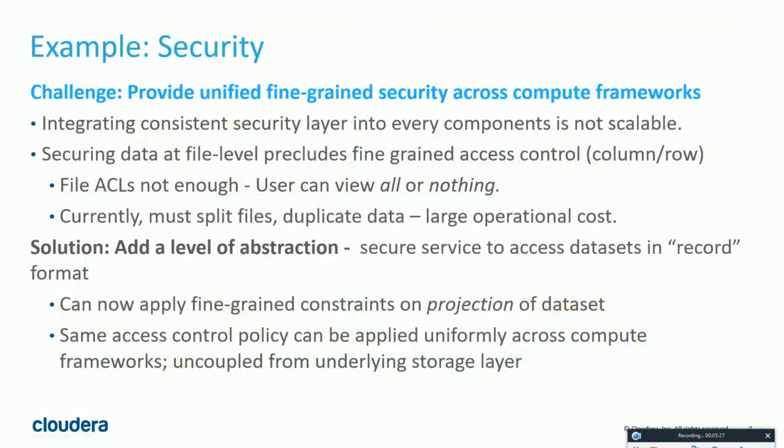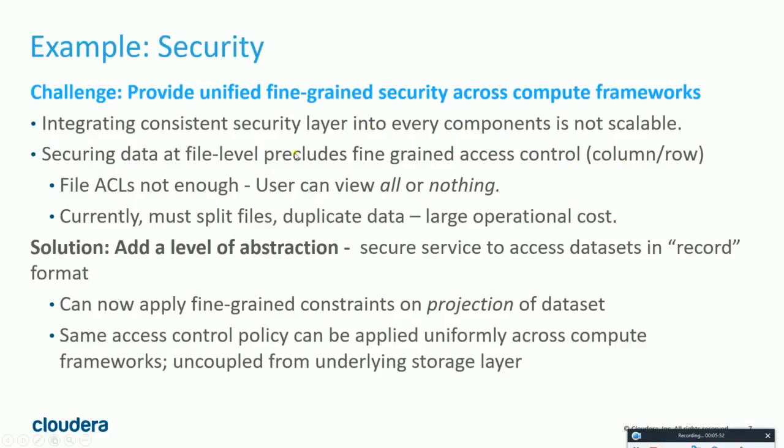So the challenge was to provide unified fine-grained access security across the compute frameworks. Two challenges with that: integrating a security layer into every component is very hard, and file level access precludes fine-grained access control over column and row.